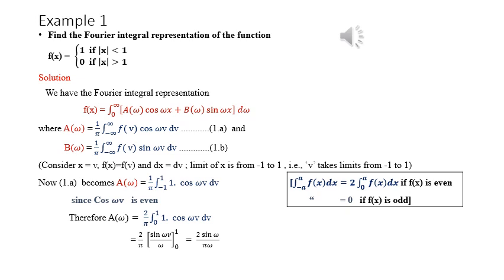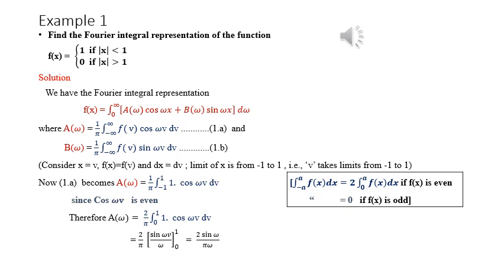So consider x is equal to v, that is f of x becomes f of v and dx becomes dv. Whatever the limit of x, it will be the same limit for v also. So if x takes from -1 to 1, then v takes from -1 to 1. Now our given function is 1.